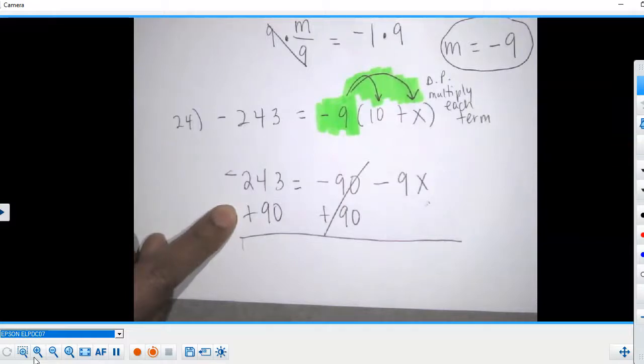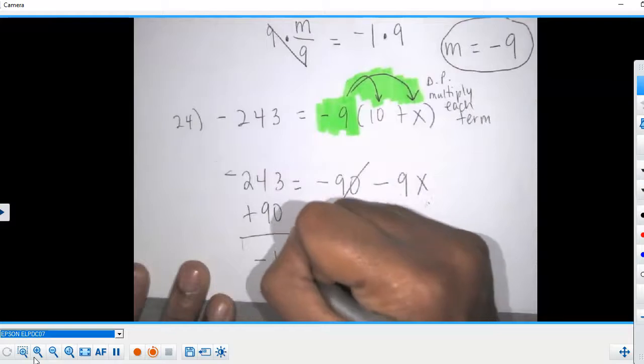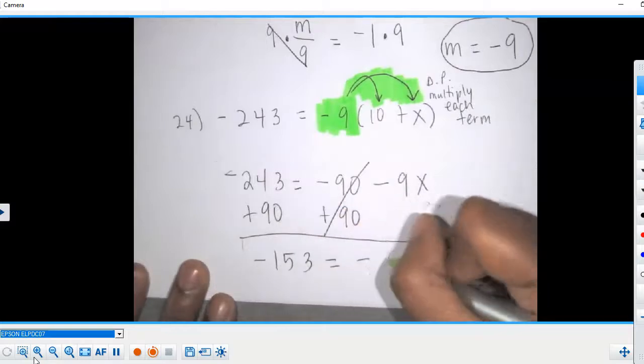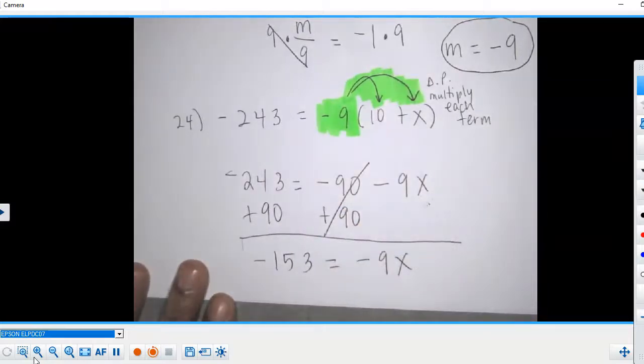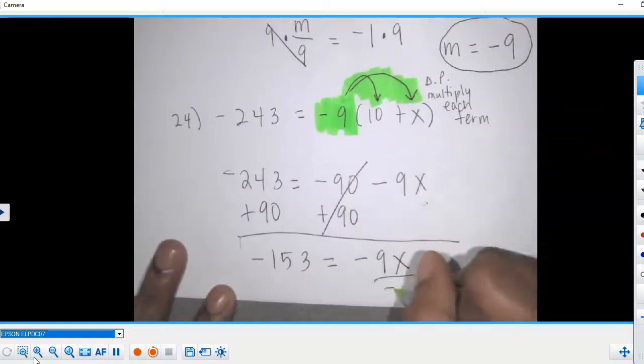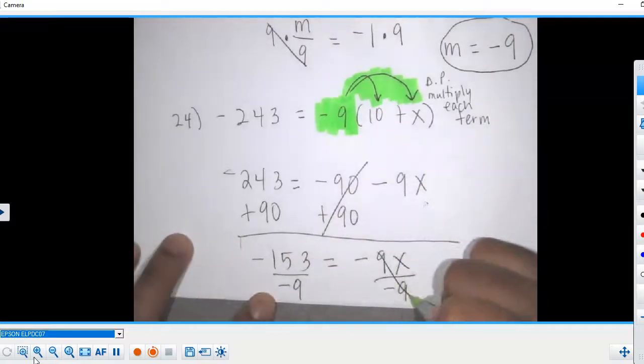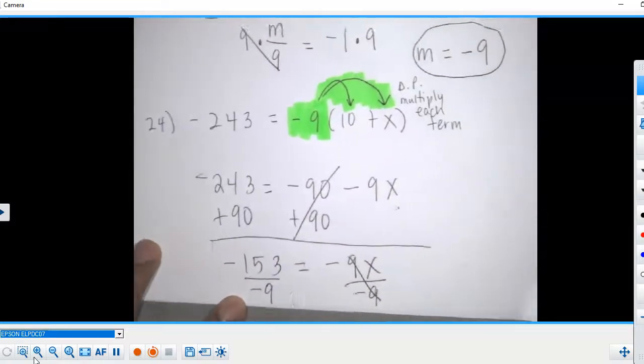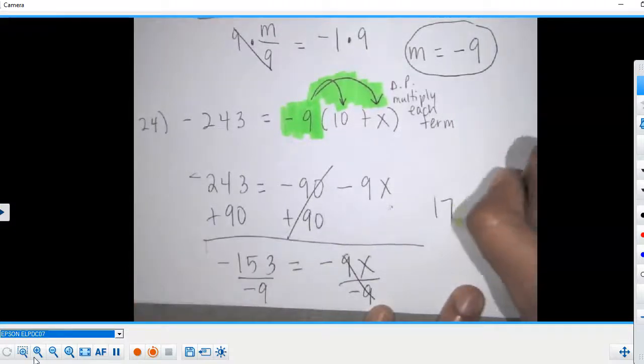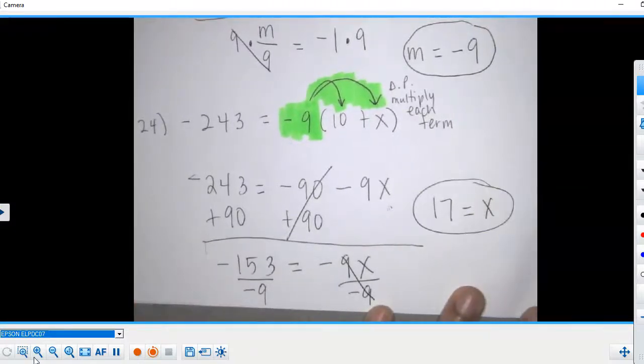So 243 minus 90 is going to be a negative 153. And then there's a negative 9x. And then we're going to divide by that negative 9 on both sides. And a negative divided by a negative is a positive. So basically our answer is positive 17 is equal to x.